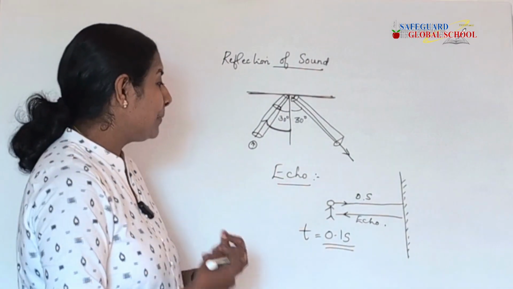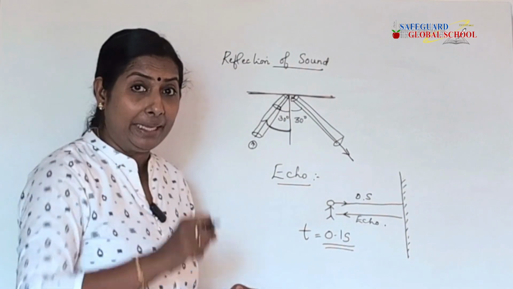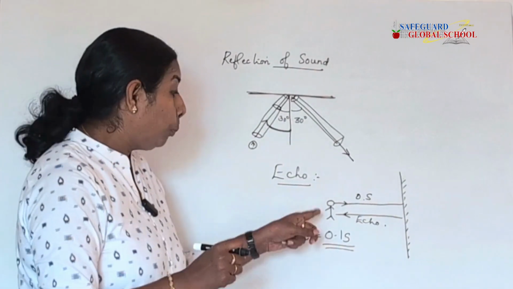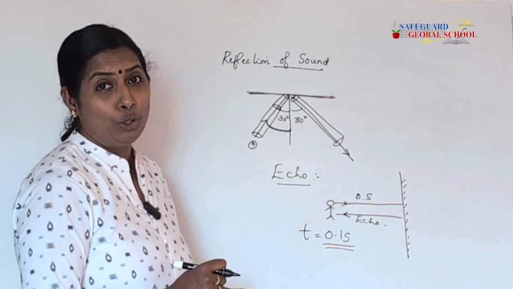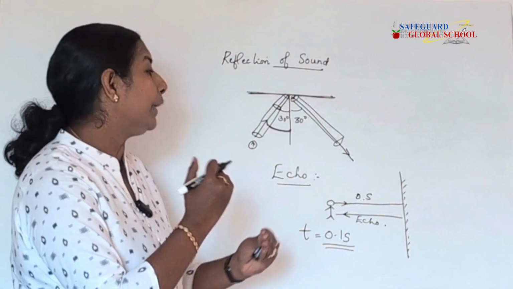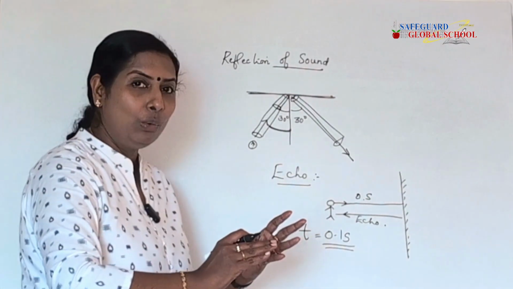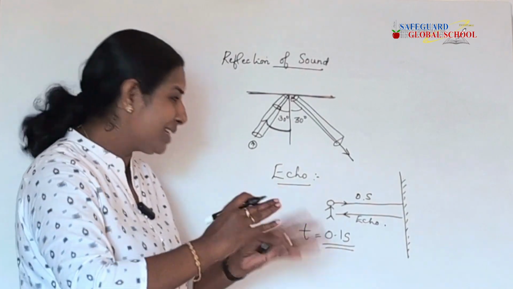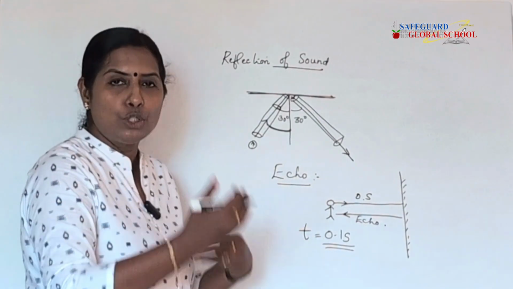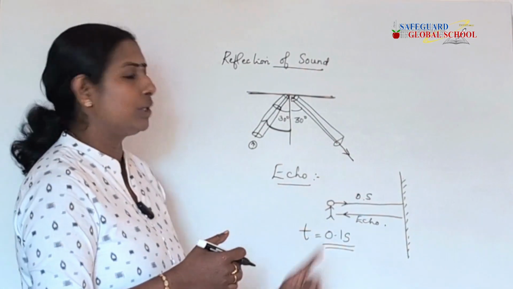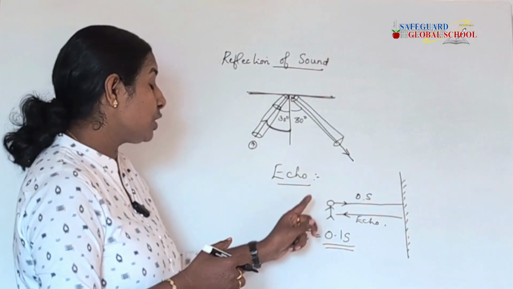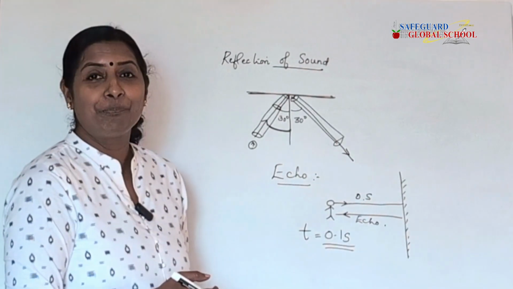Because the sound in our brain persists for 0.1 second after the sound is heard. So, in order to hear the echo very clearly or distinctly from an original sound, the time lapse between the echo and the original sound must be at least 0.1 second.